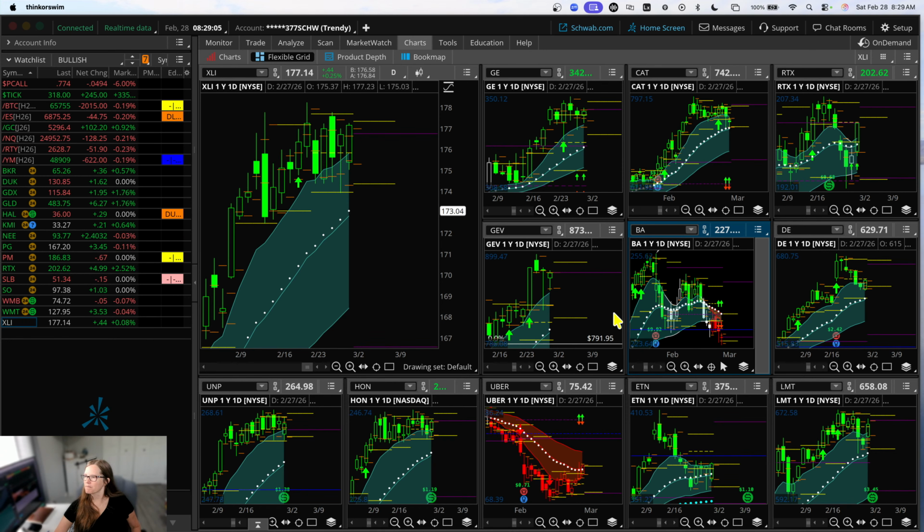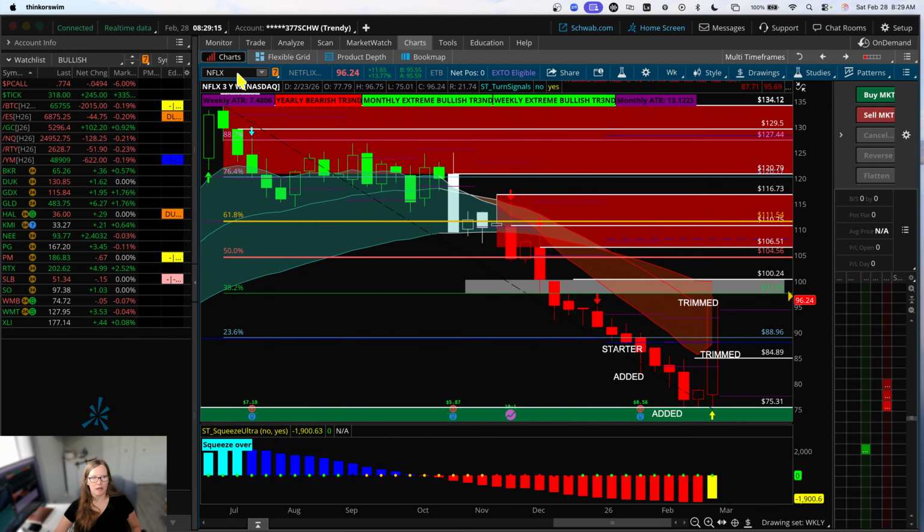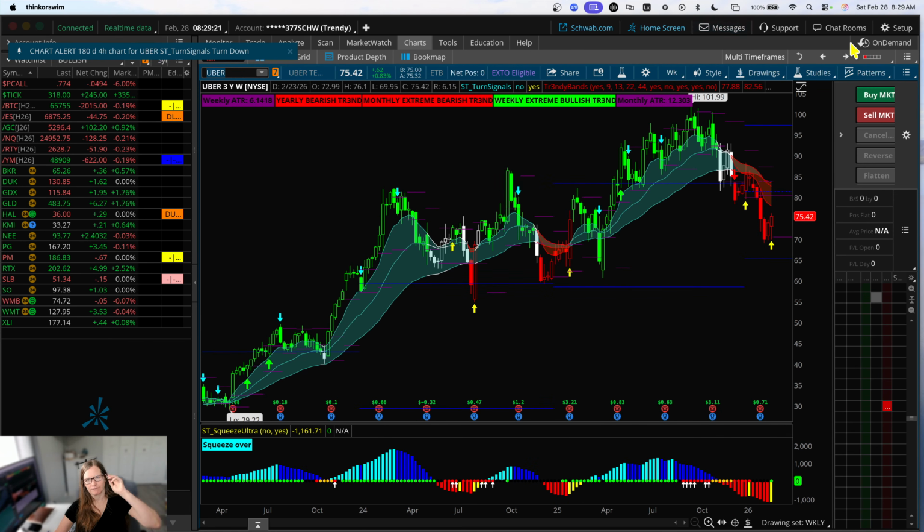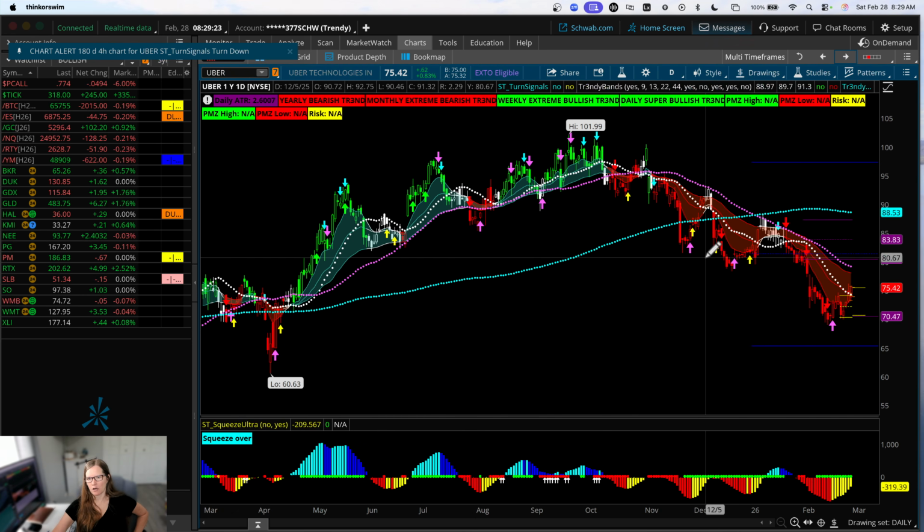All right. What do you mean Uber seems mislabeled to you? We can look at it on just a regular chart, UBER. Let's look. And that was a daily chart. This is what Uber's daily chart looks like.